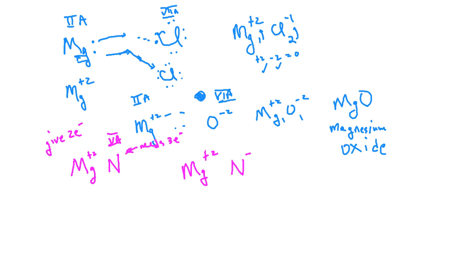So how could they ever get together? Well, if magnesium gives 6 electrons, take 3 magnesiums, and each magnesium gives 2 electrons, then this would give 6 electrons. Well, nitrogen only needs 3 electrons, but if I take 2 nitrogens, now 2 nitrogens need 6 electrons. 3 magnesiums give 6 electrons, 2 nitrogens take 6 electrons.